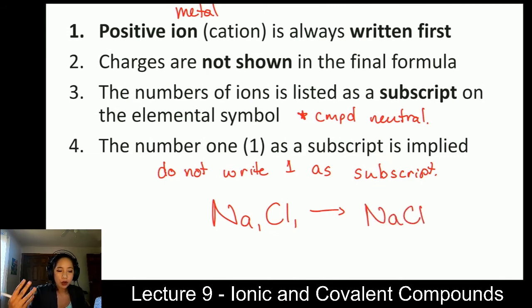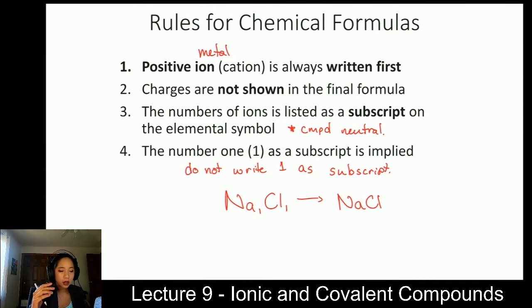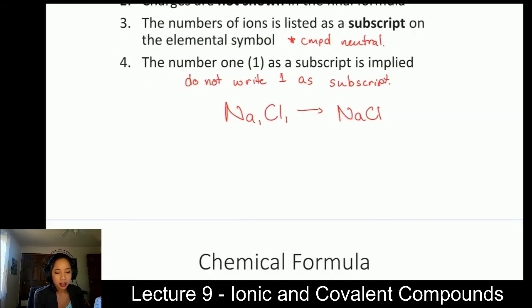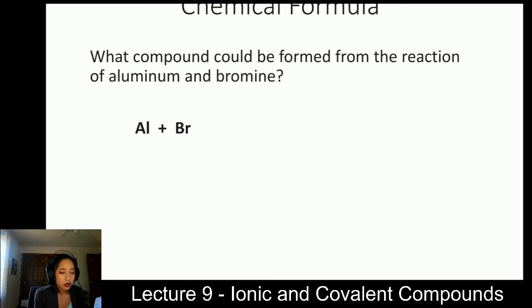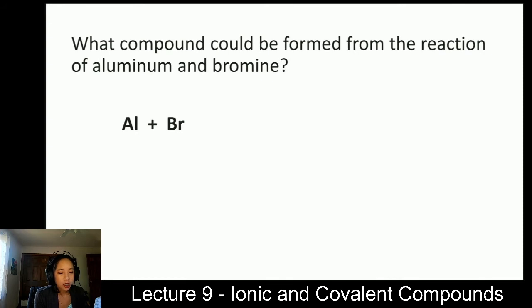All right, so we went over all the rules for writing chemical formulas and predicting charges. So let's put those two skills together and do some practice problems that are more realistic to how I would assess you on an exam. A question you could see on an exam would be, what compound can be formed from the reaction between aluminum and bromine?